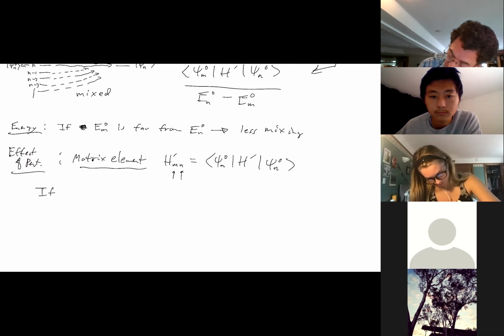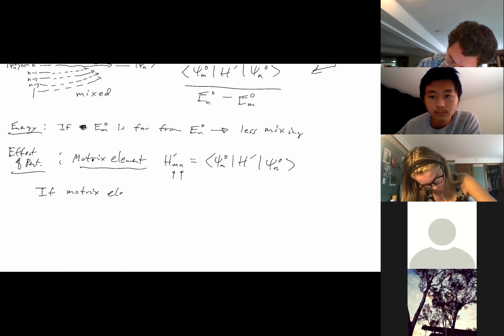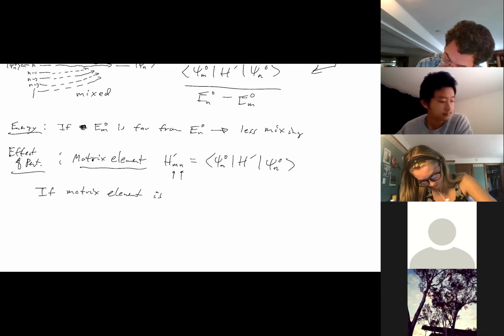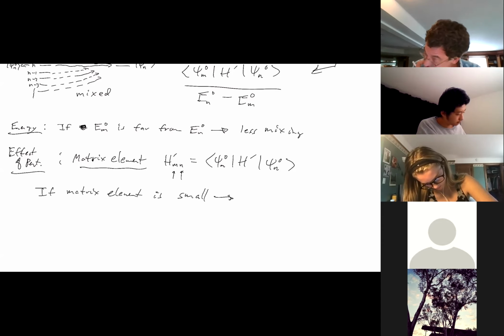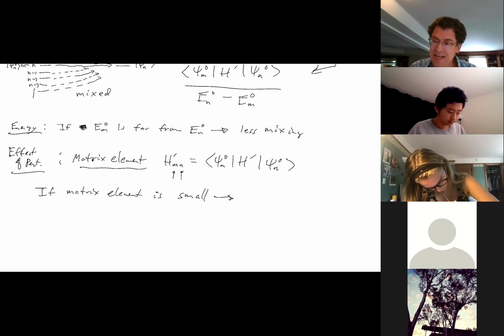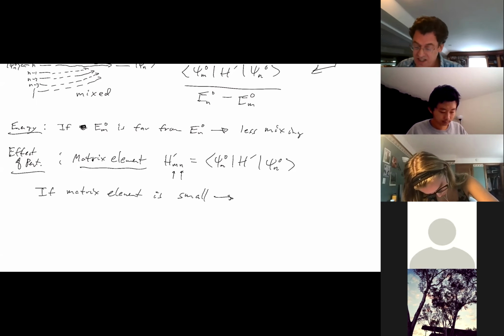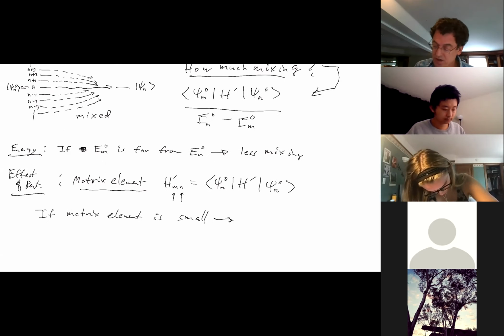And so if the matrix element is small, then if the matrix element is small that connects the state m to the state n, then is there much mixing? Then does that state get mixed into the new eigenstate?